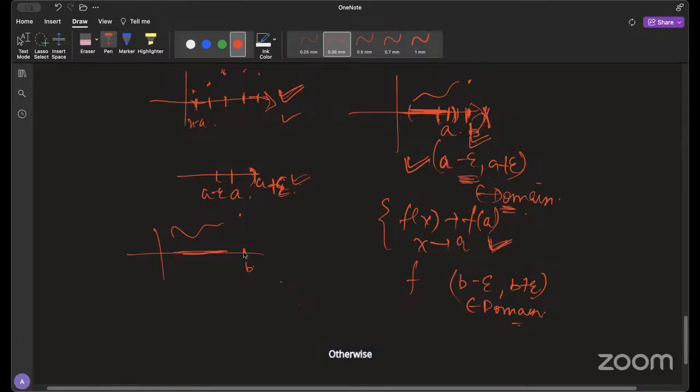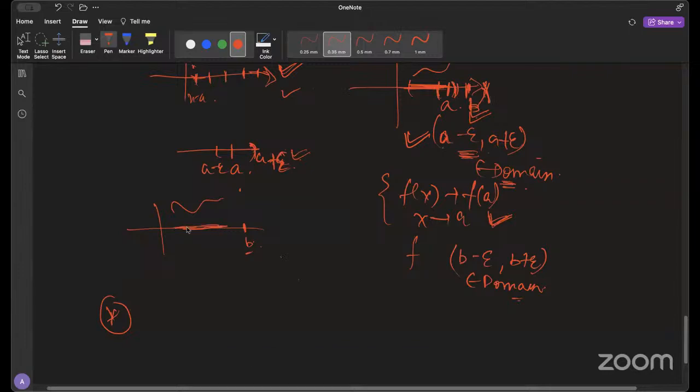Otherwise, if there is no neighborhood around B, like in this case, around B there is no neighborhood that is contained in the domain, in that case, we consider F by default to be continuous at B. Is that okay? Yes, ma'am. Basically, in this interval, there are infinite points, right? Yes, there are, in every interval other than this. If you consider this, other than this, every interval has an infinite number of points.